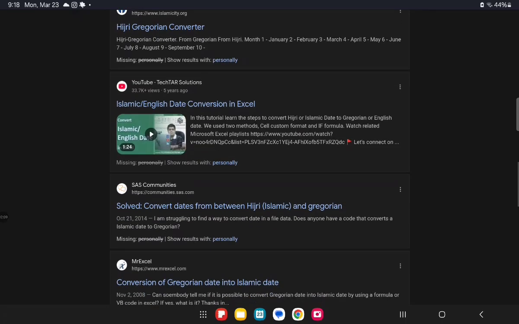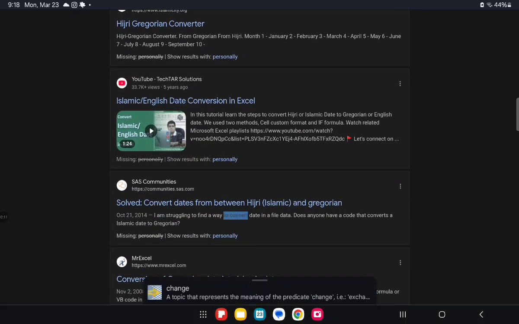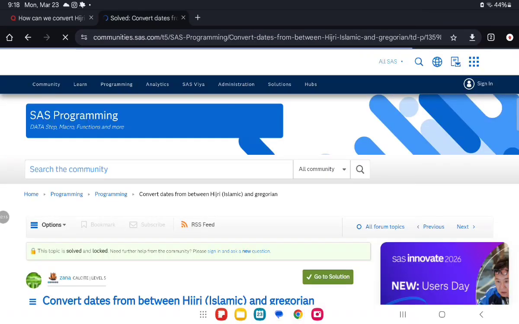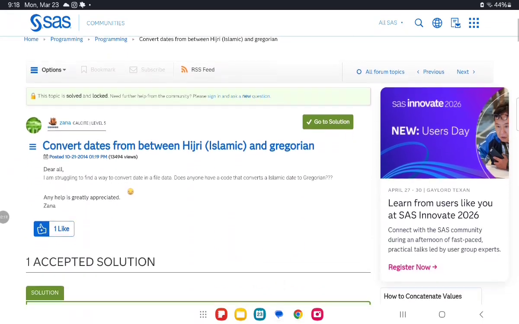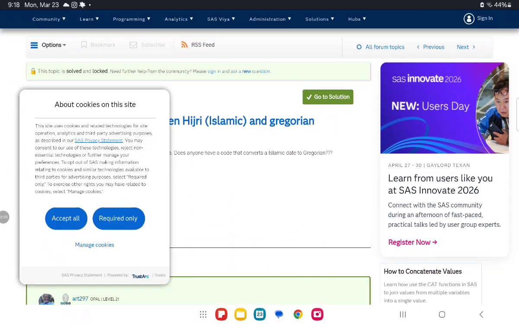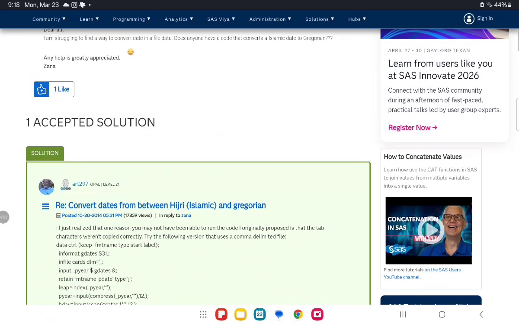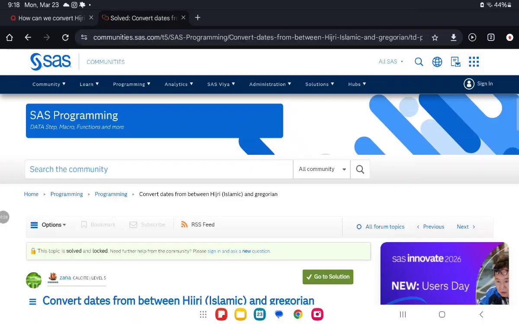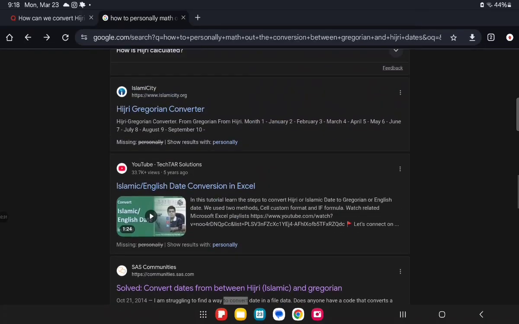Another Excel one. Excel. I'm looking for required only. And it's computer programming stuff, which is not what I want.